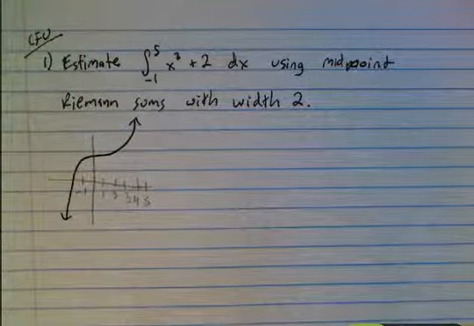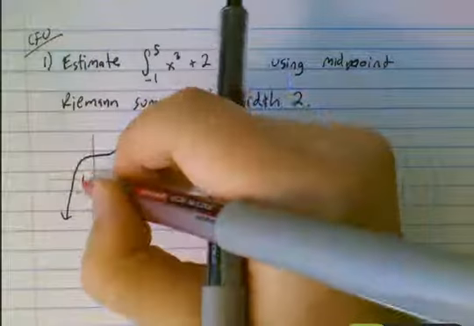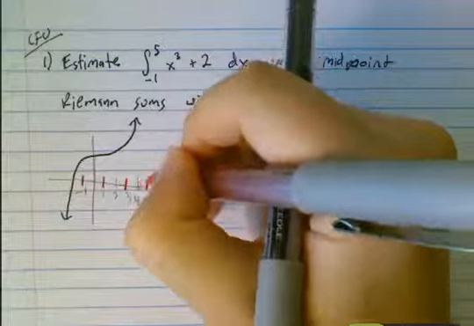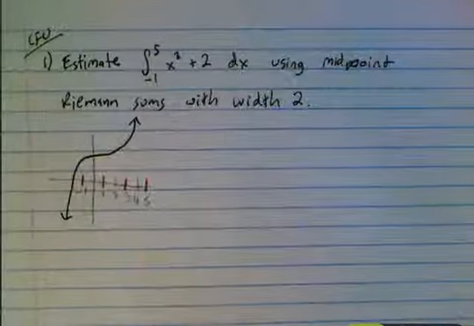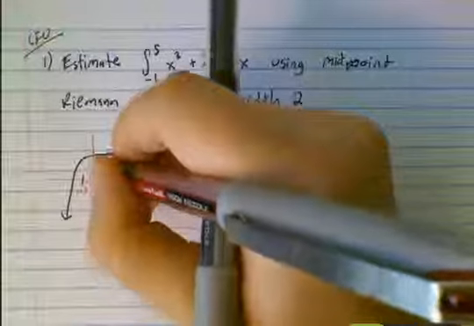5. And we know that we're doing sums of width 2, so that means we're going from negative 1 to 1, from 1 to 3, and from 3 to 5. If we're doing a midpoint sum, that means we go up to the midpoint.